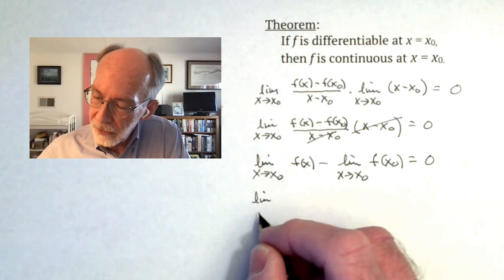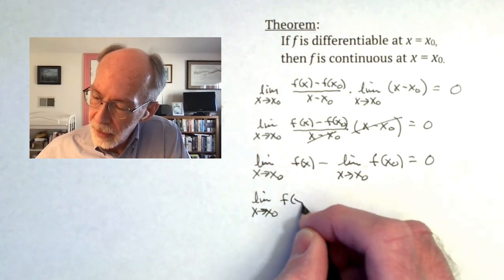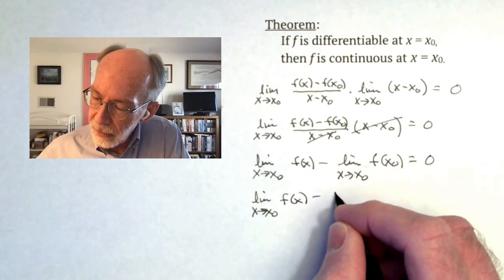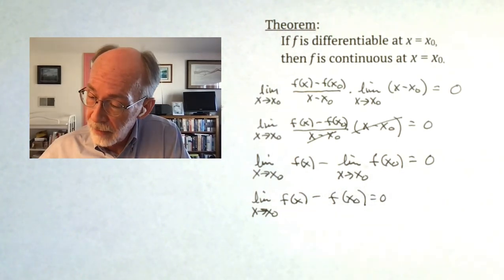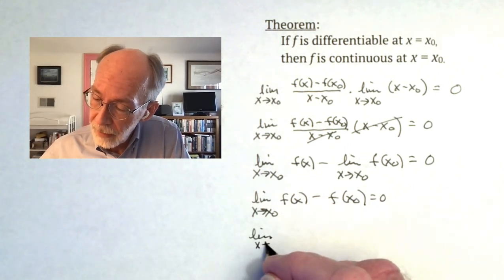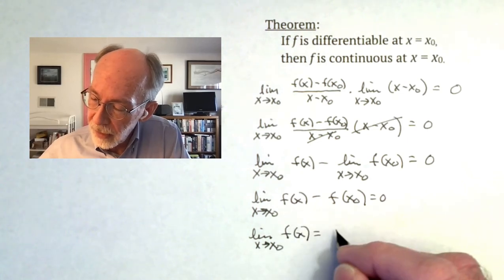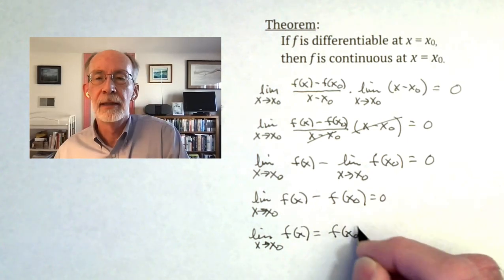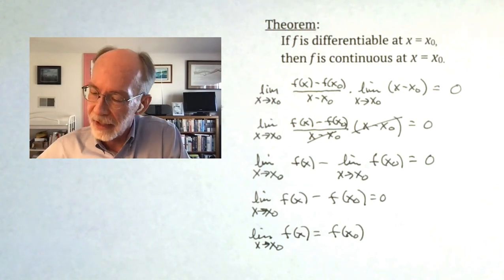So the limit as x goes to x naught of f of x minus f of x naught equals 0, or equivalently, the limit as x goes to x naught of f of x equals f of x naught. But friends, that is the definition of f being continuous at x equals x naught.